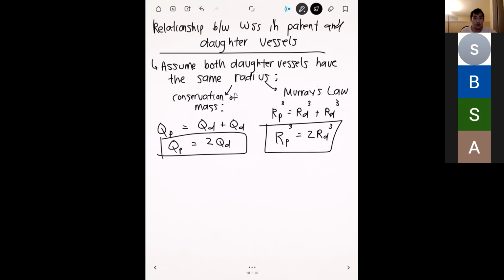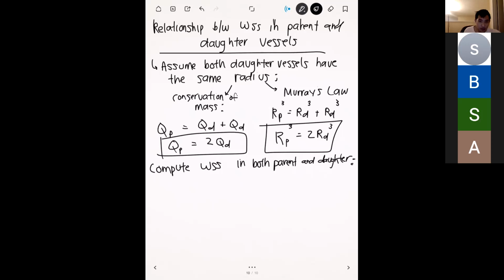All right. And so now let's take these and compute the wall shear stress in both the parent and the daughter artery. Okay.